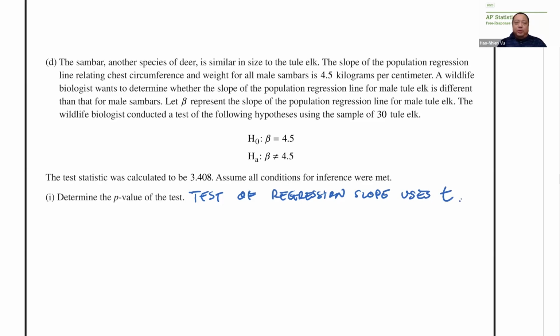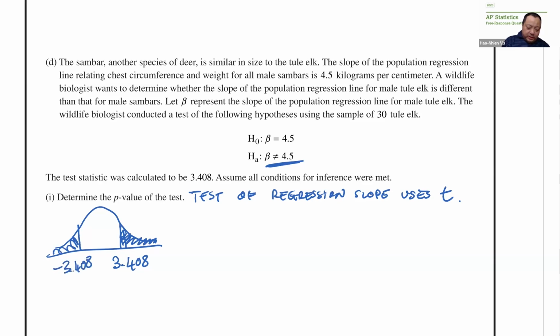uses the t-distribution. Have a t-distribution that looks like the normal distribution. It has a test statistic of 3.408. And because this is a two-sided test, two-tailed test, then that means there is a negative 3.408 back here. And then these two together make the p-value.